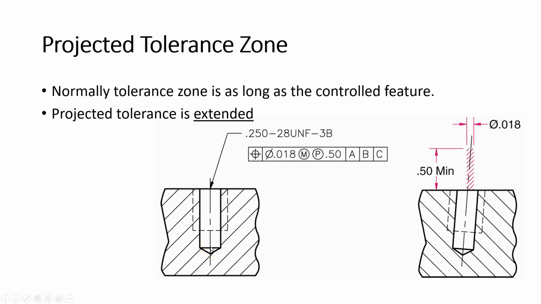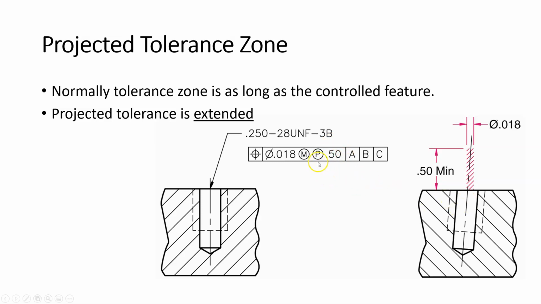But sometimes we want the tolerance zone to extend outside the boundaries of the feature. When we do that, we use the circle P, that means projected tolerance zone, and then we include the amount that we want to extend it.